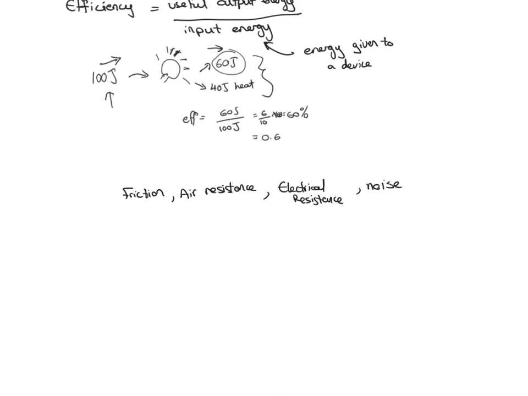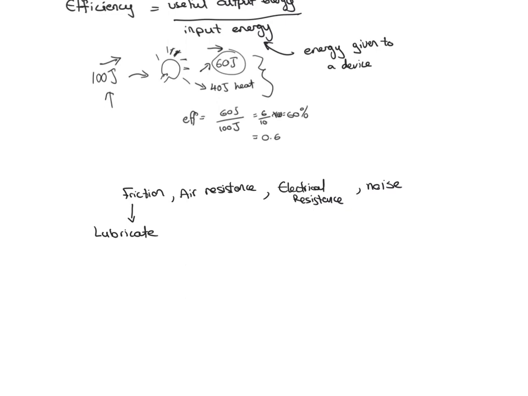Now, how can I minimize this wasted energy? If I'm designing these machines and I want to sell them at a higher price, because more efficient machines are sold at much higher prices. So if I want to remove friction from a machine or from a device, I can just apply a lubricant, so oil or something oily.